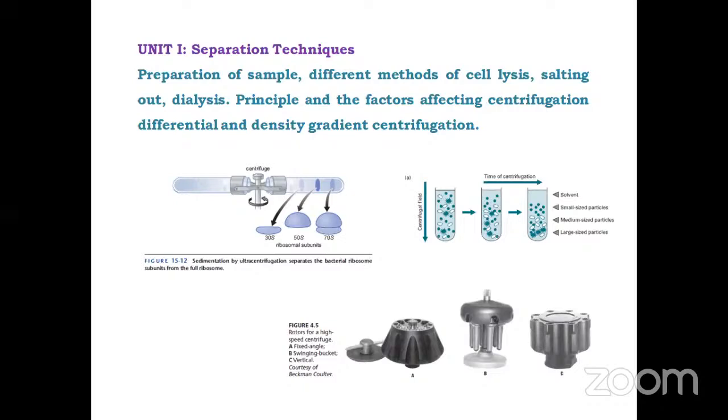And then the rest of the unit deals with centrifugation and sedimentation with their principle. And students also learn about various types of centrifuges as well as different types of rotors and their applications.